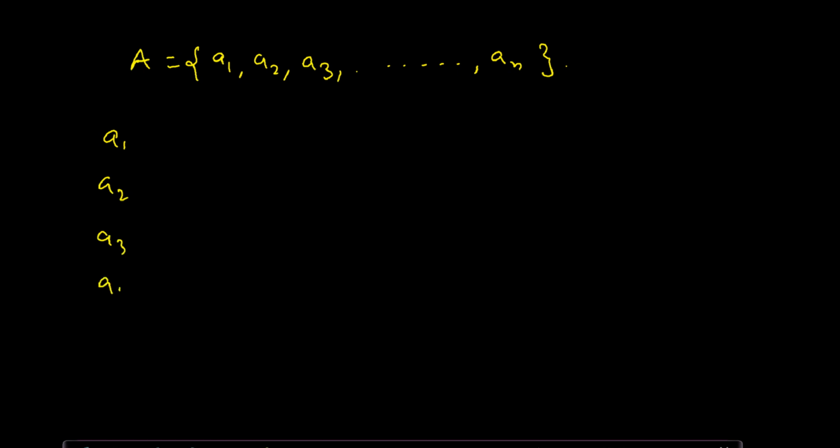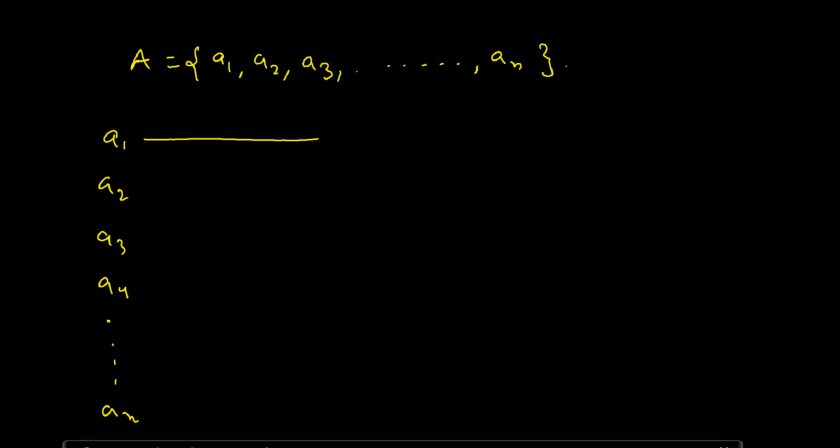So take any example. Let's say this is my set A: A1, A2, A3, and so on, An. Okay. So for every element A1 or A2 or A3 or A4, and so on, An, every element has two choices.